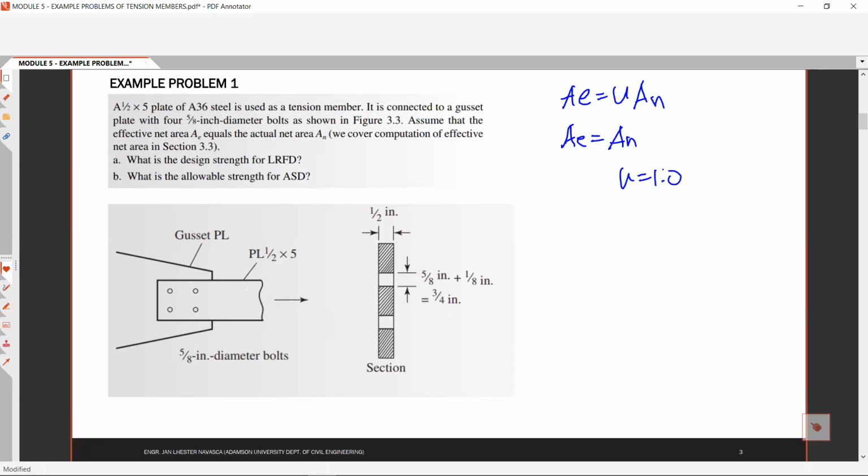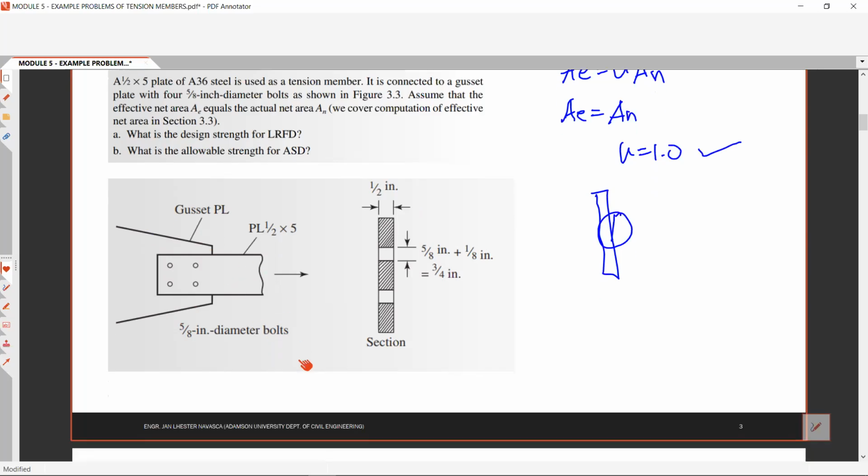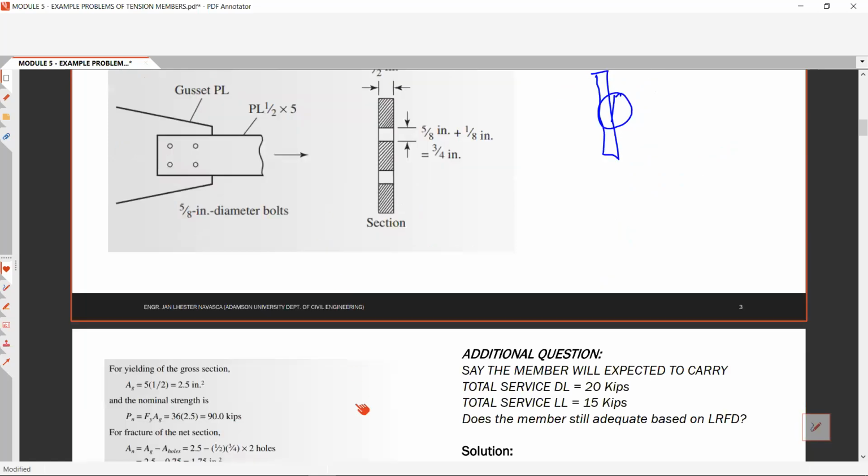A plate has only one element, and all elements are connected to the gusset plate or to the connections. Therefore, our assumption is that U equals 1.0. There is no shear lag in the tension member. So let's start solving for problems A and B.